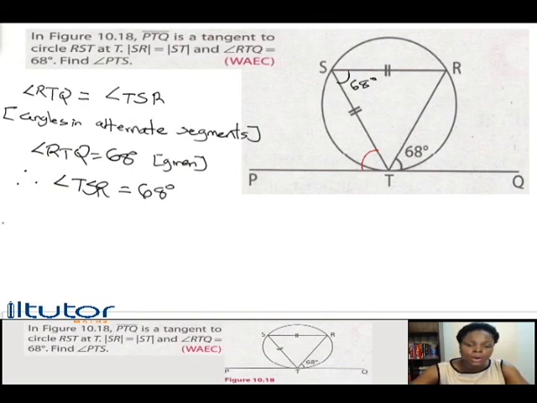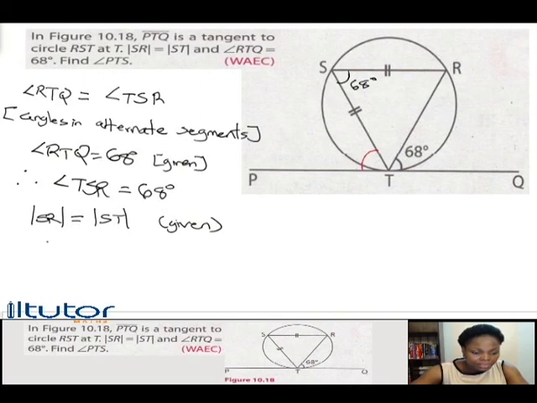Now, we were given that line SR is equal to line ST. This was given.